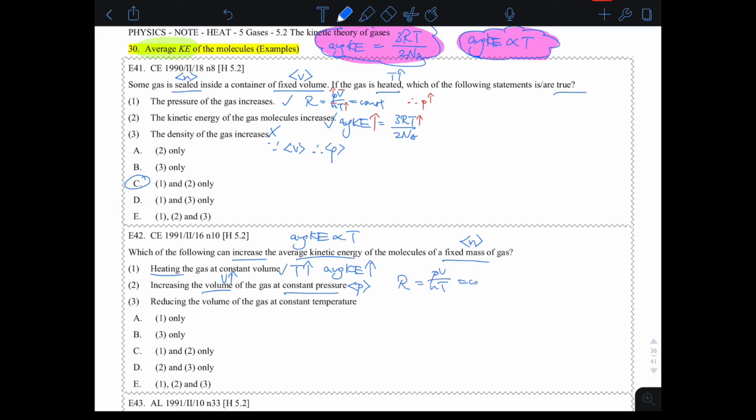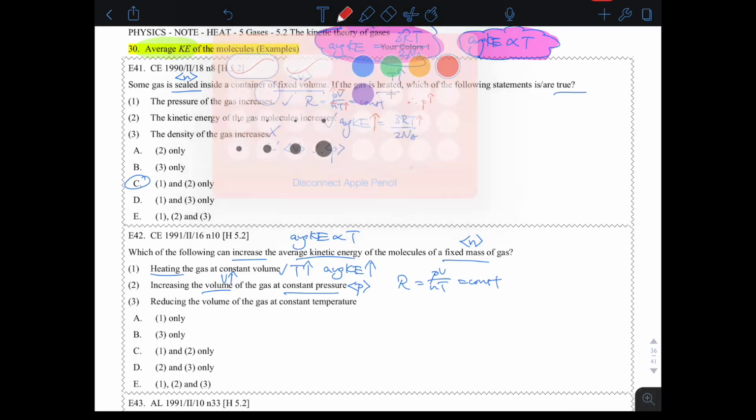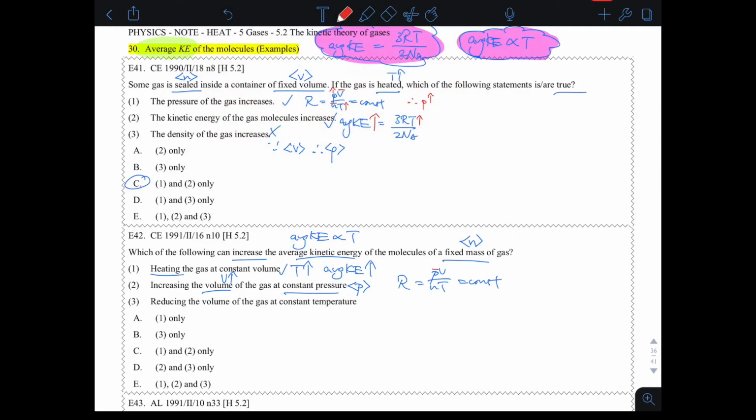Again, we talk about this relation, it's a constant, and we have constant pressure, constant n. When volume increases, then T must increase in order to keep this constant. Therefore, temperature increases, then average KE will also increase.